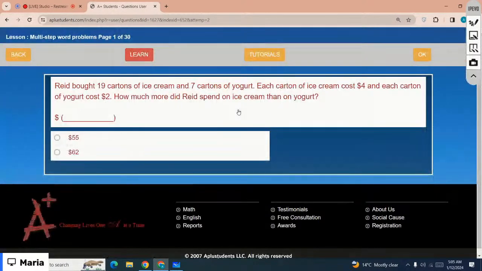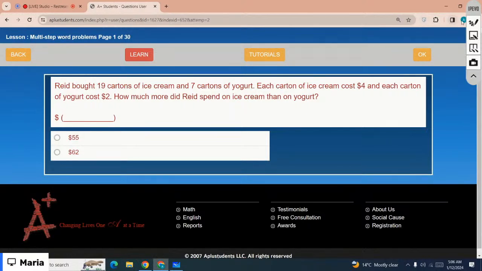Let's start with the first one. Wright bought 19 cartons of ice cream and 7 cartons of yogurt. Each carton of ice cream costs $4 and each carton of yogurt costs $2. How much more did Wright spend on ice cream than on yogurt?